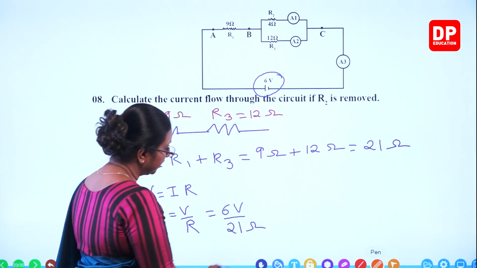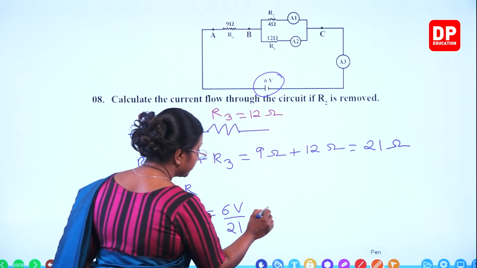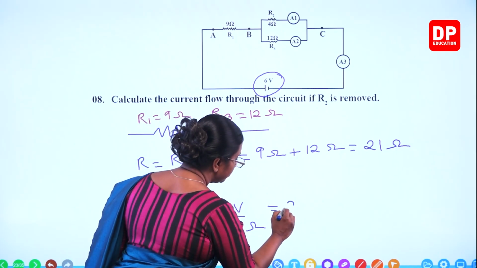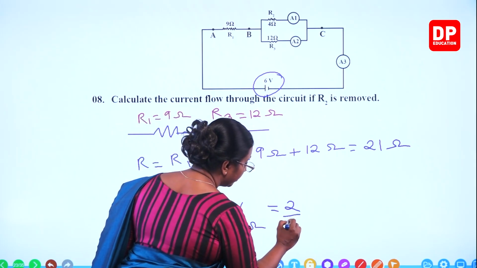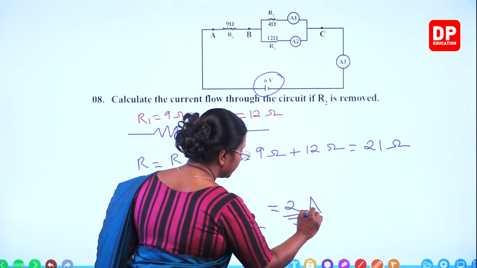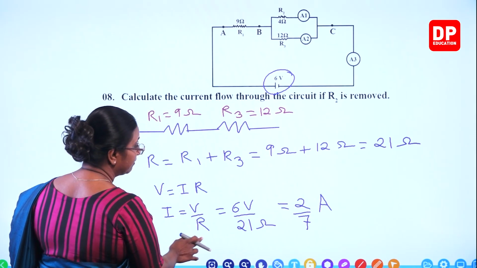So 6 over 21, we can simplify it by 3. If you divide 6 by 3, you get 2, and 21 by 3, it's going to be 7. So 2 over 7 amperes. You can leave it as it is, or you can simplify and write the decimal value.